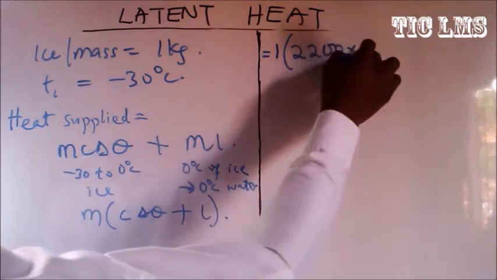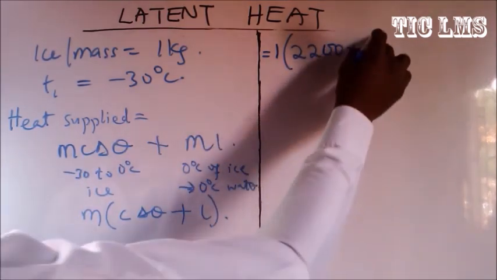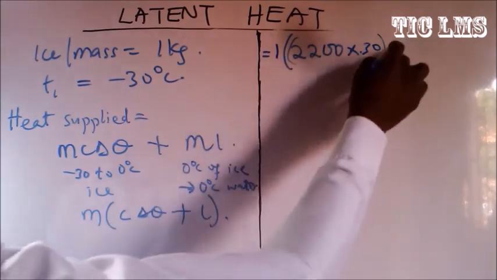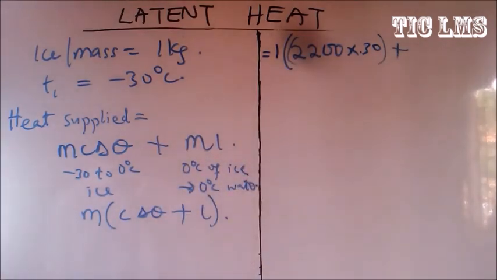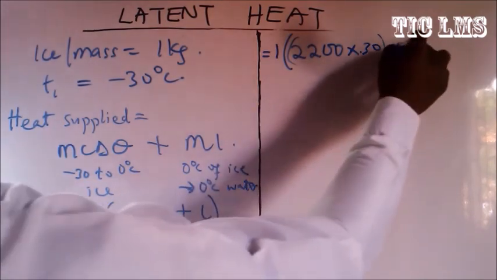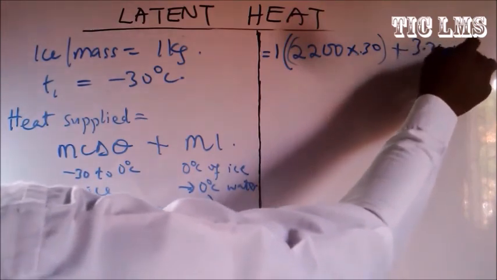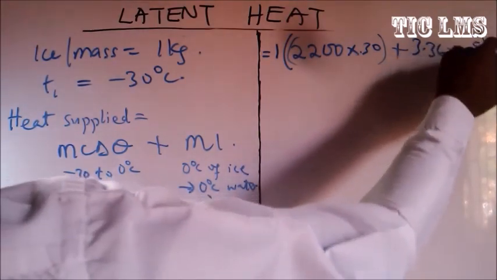So the temperature change is 30. So we multiply this plus specific latent heat of fusion of the ice, which in the question was given as 3.36 times 10 raised to 5.